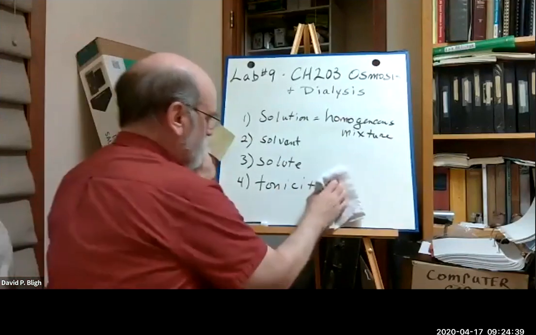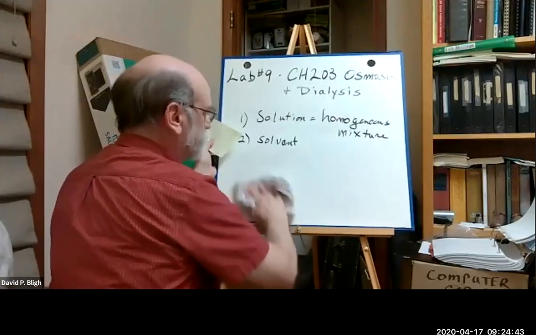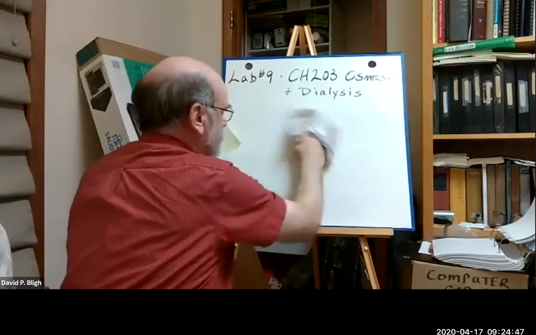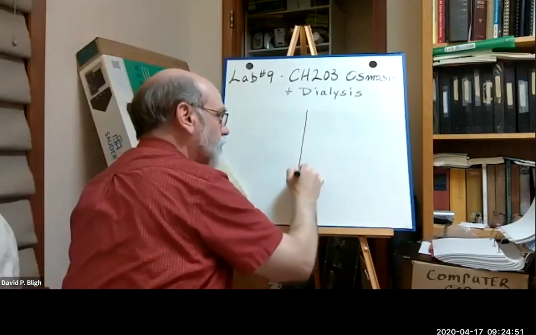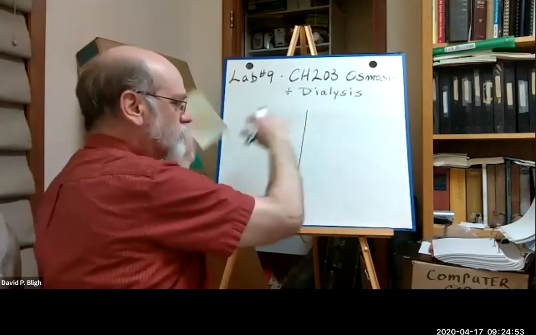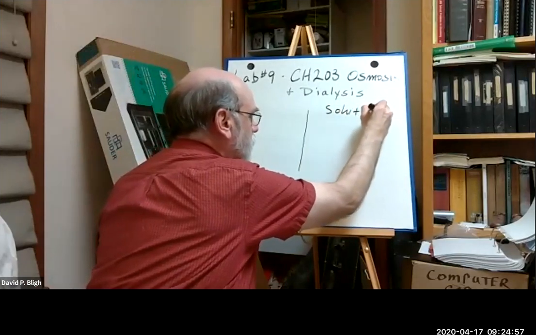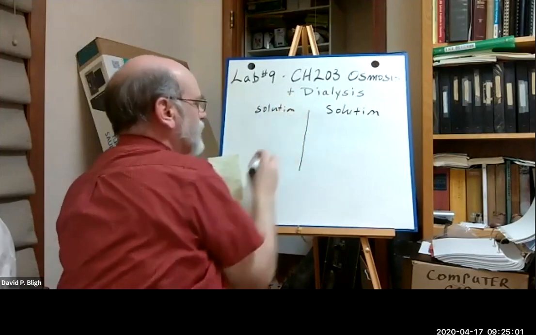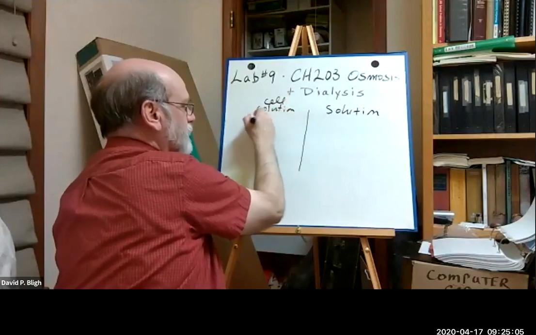Okay, so there's more to tonicity than just the definition. Right? We still have a membrane, and we still have a solution, one on either side. Let's say this is the cell solution.